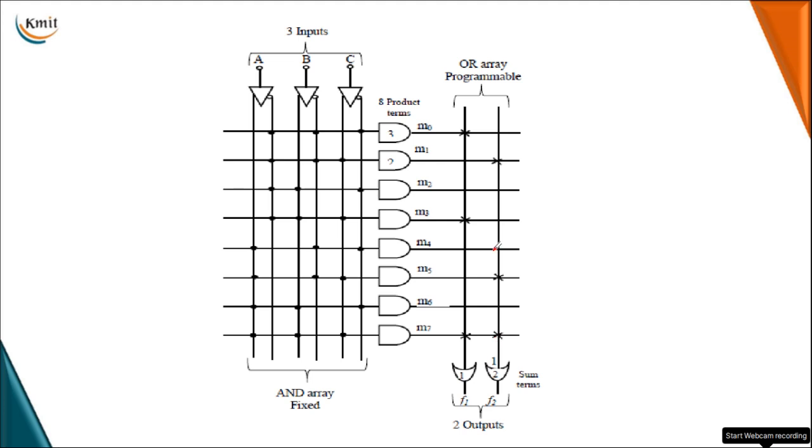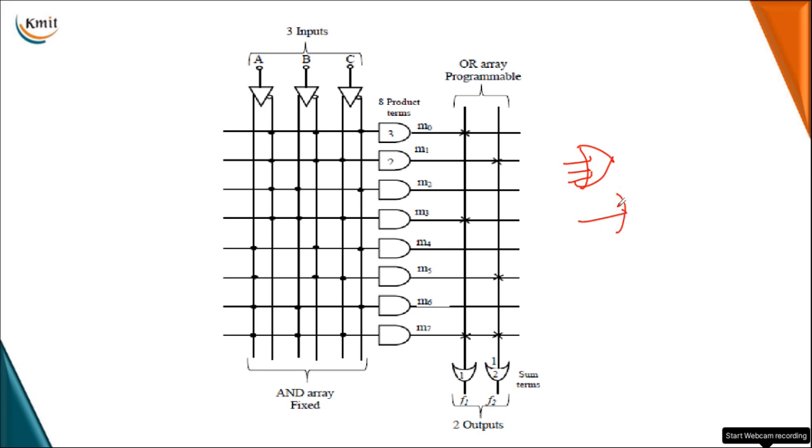So hence we have given this with a programmable connection, that this second OR gate is having the inputs from the minterm M1. You can give multiple inputs, but for a programmable connection we have replaced that with a single input line.